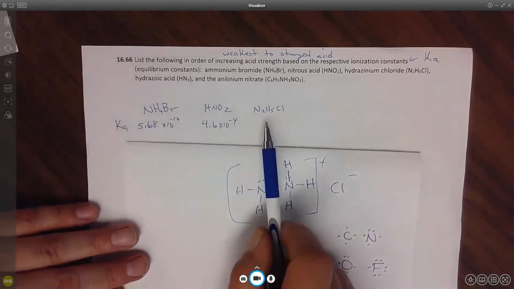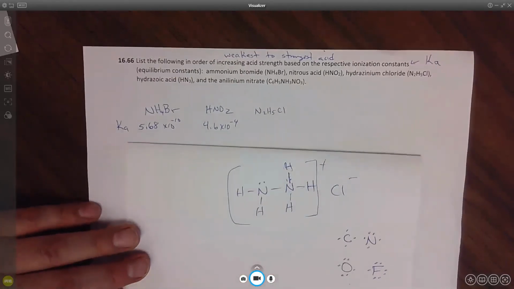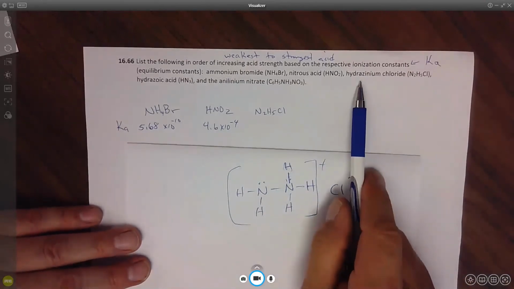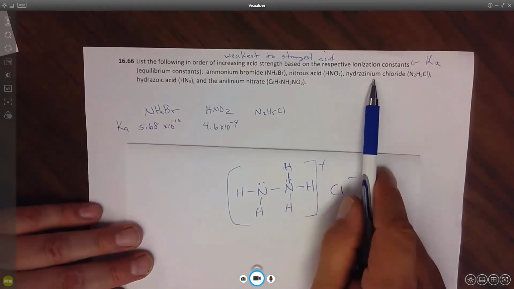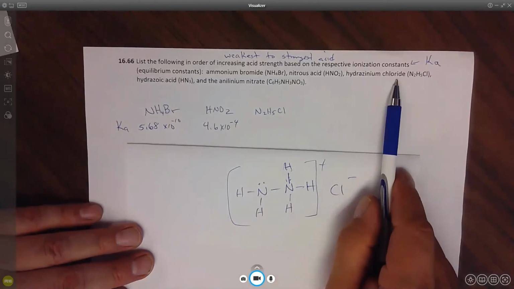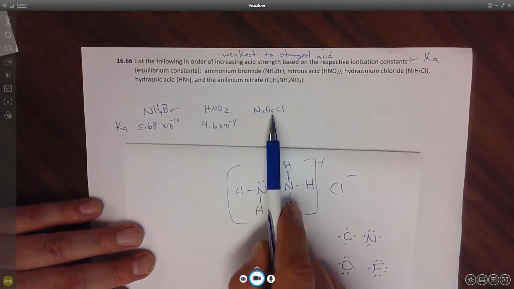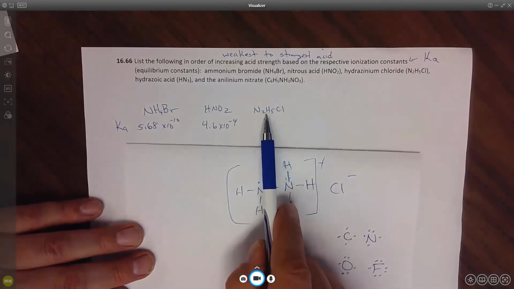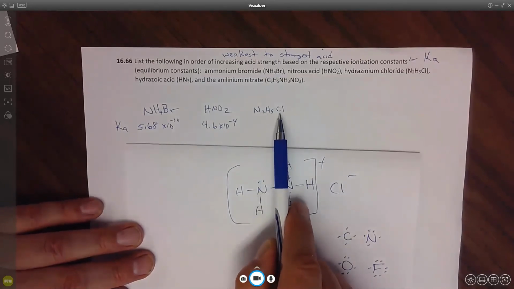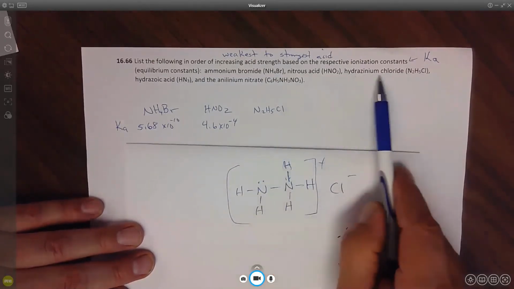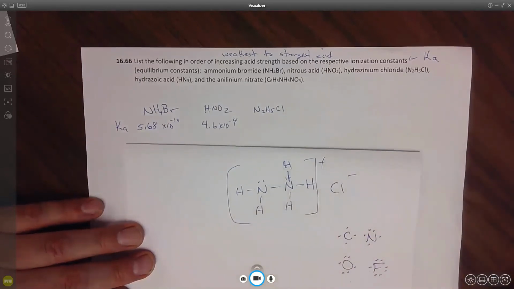That gave me a clue that this wasn't molecular. The other clue, of course, was its name, hydrazinium chloride. If this was molecular, it would have been called dinitrogen pentahydrogen monochloride. We didn't see that in its name. Its name indicated that it was ionic.